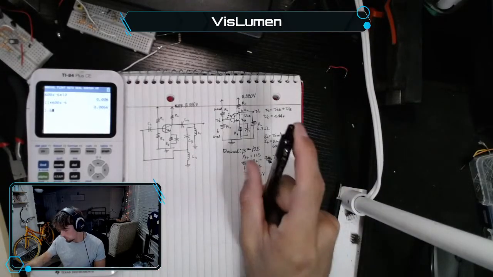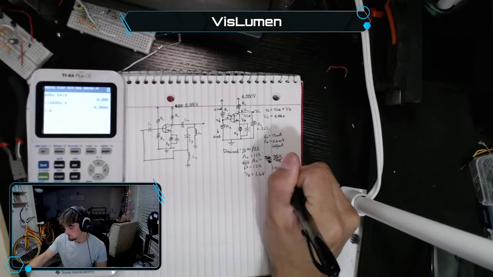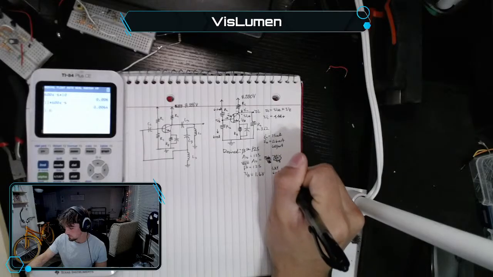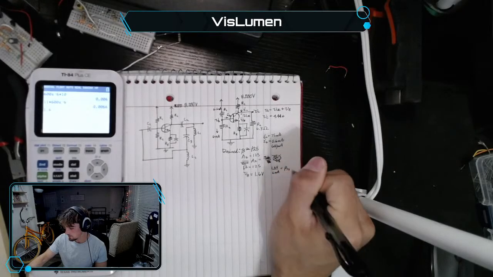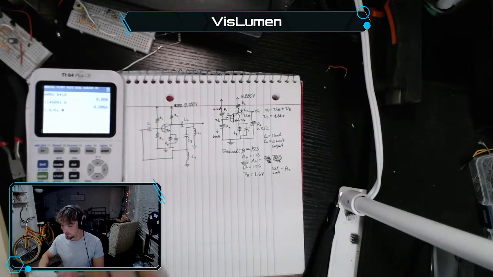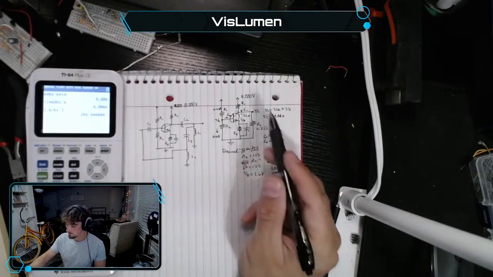According to Ohm's law, I guess I don't know if I need to write all this out. 1.6 volts divided by 6 milliamps equals our resistance, R2. So divided by 6e to the negative 3, 266.